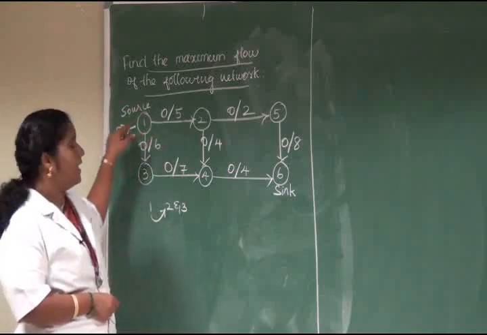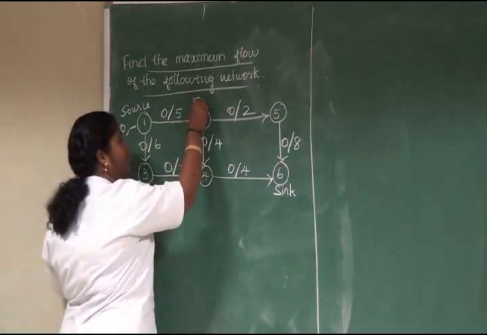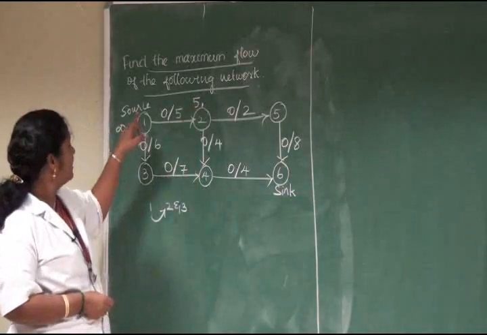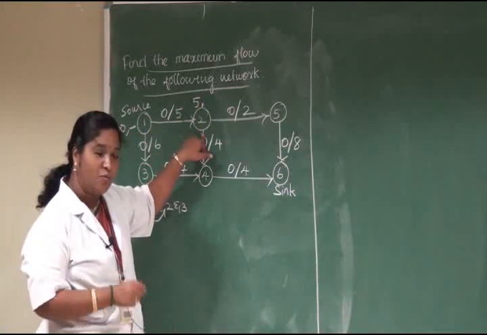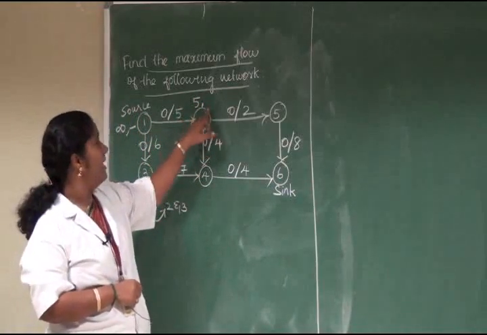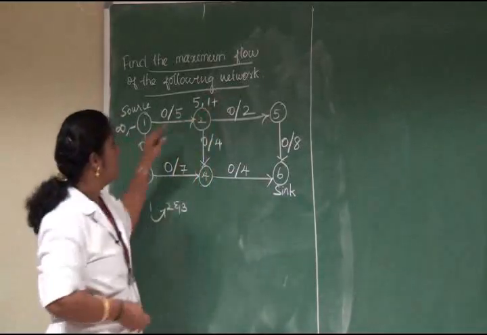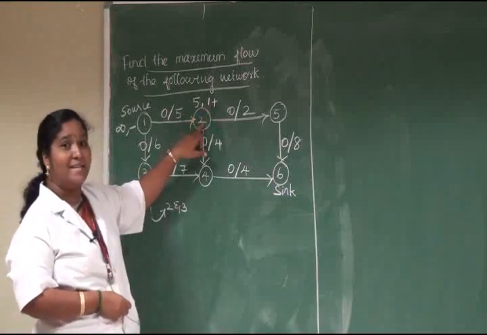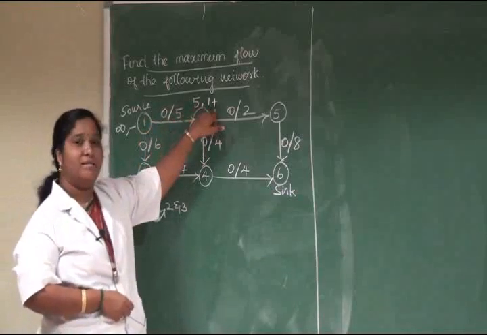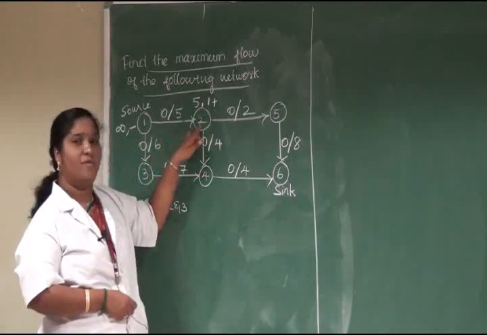The minimum is 5, so we write 5 first. Then, since we are reaching vertex 2 from vertex 1 by a forward edge, the second label of vertex 2 is 1 plus. Here 1 indicates that vertex 2 is reached from vertex 1, and the plus indicates that it was reached by a forward edge.